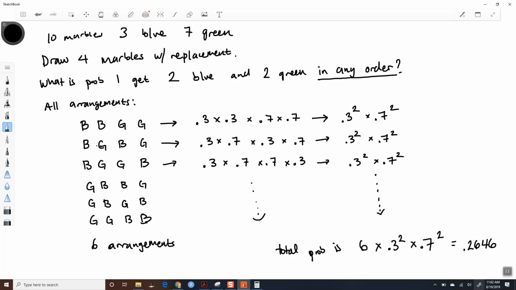So there's a little thing that we can do to get this number of arrangements. I'm going a little bit beyond what the textbook is covering, but this is called a combination.